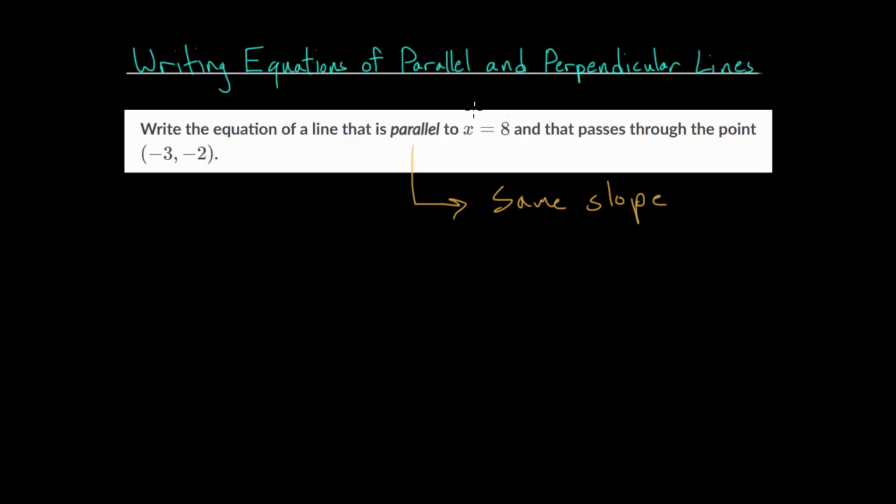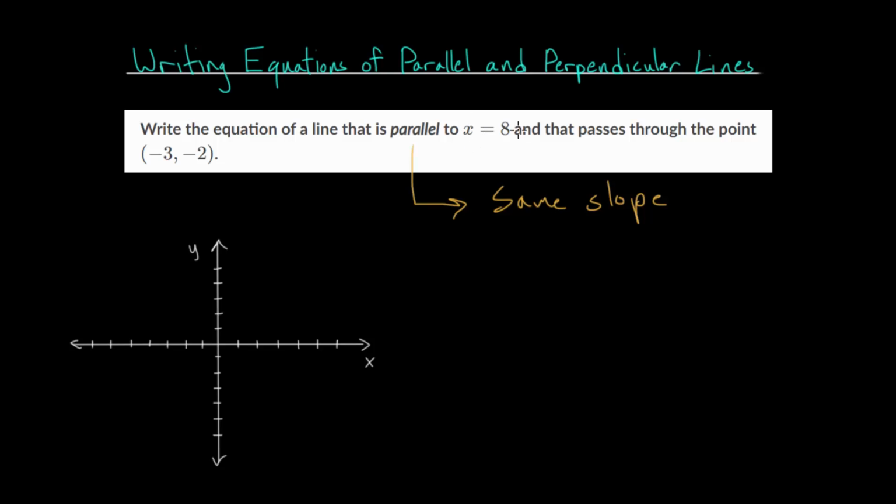And it might be helpful to draw this on a graph. So let me paste in a coordinate plane. And from this coordinate plane, we can get a better idea of what this actually looks like. So when you see horizontal or vertical lines, the general idea is to recognize what is always true.